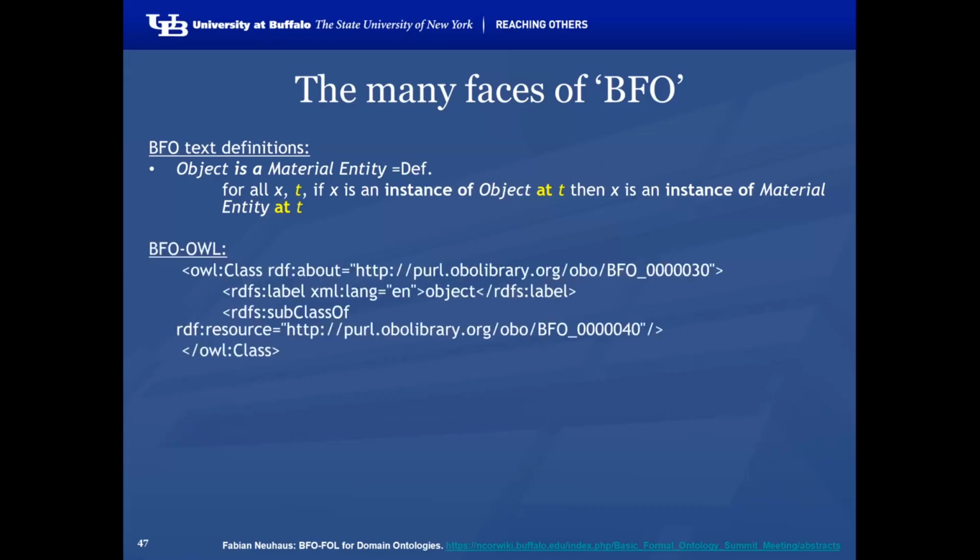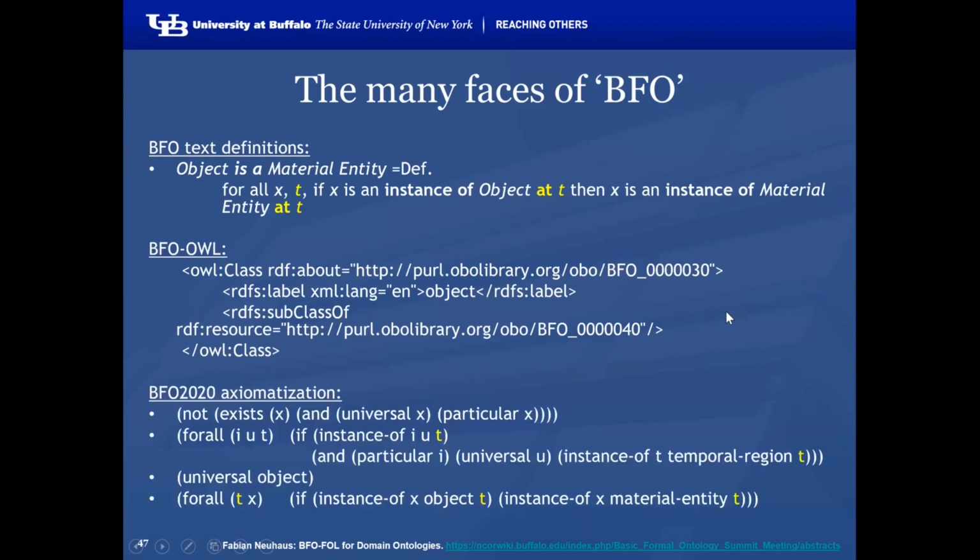You have the BFO OWL, okay? Which is expressed in this way, okay? There is no time indexing here, okay? So you lose that time indexing in OWL. You have the BFO 2020 first order logic axiomatization, where you have everything, okay? You do not just have the definition about this, but you have several axioms that actually work together, okay, to make that definition concrete.